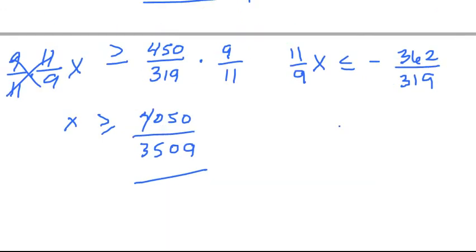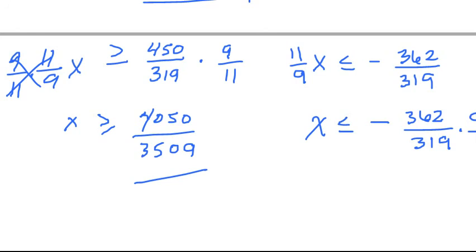Okay, now what's the probability this thing's going to reduce down? That's the next question. What is the probability that it will reduce down? So now we'll go ahead and multiply both sides by the reciprocal, 11 ninths. So you have 9 over 11.